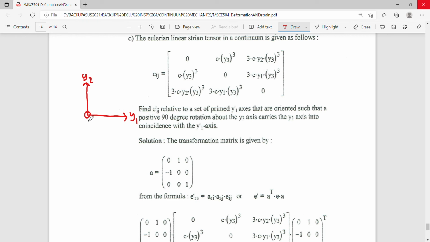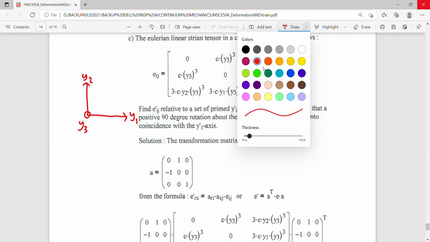Y3 is pointing towards us. Then where are my prime axes?